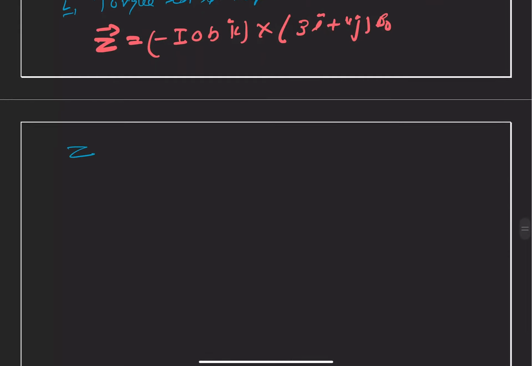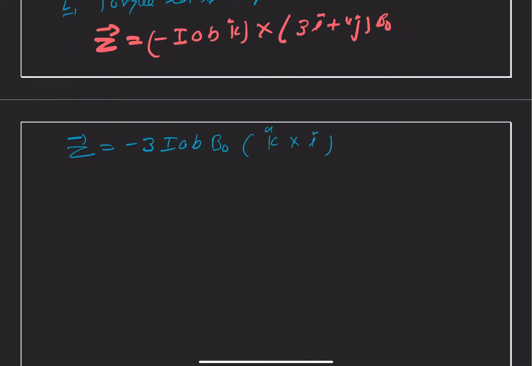We get our torque is equal to minus 3 IAB B naught, and this will give a k unit vector cross I unit vector.